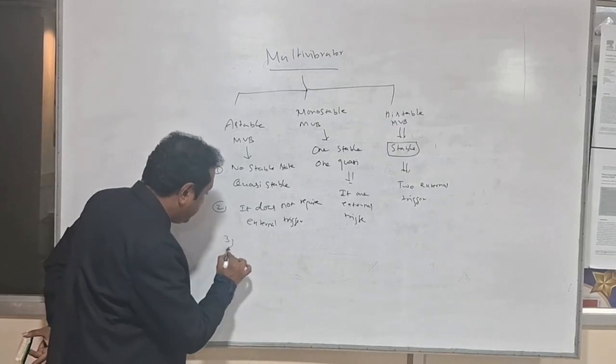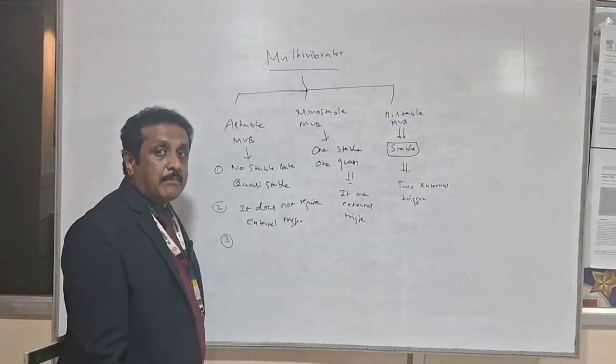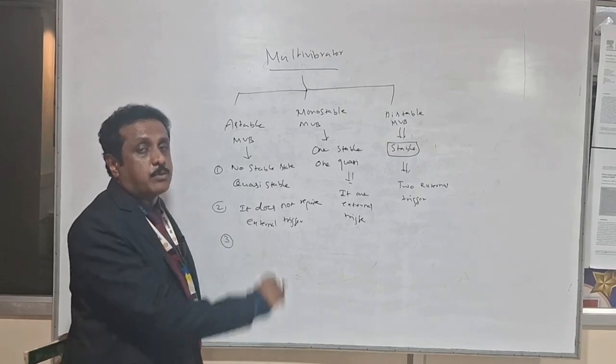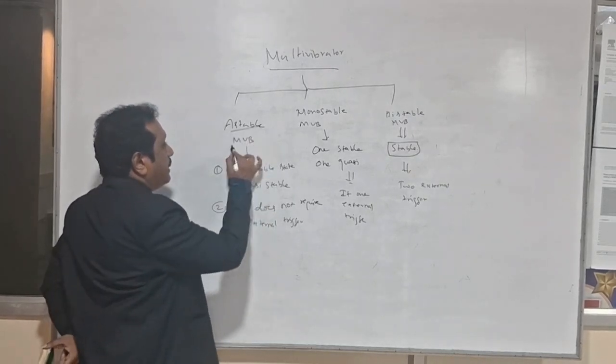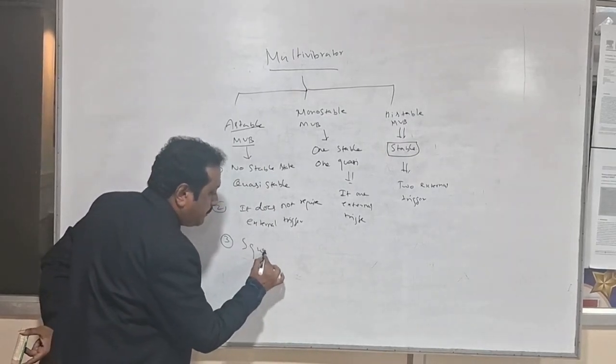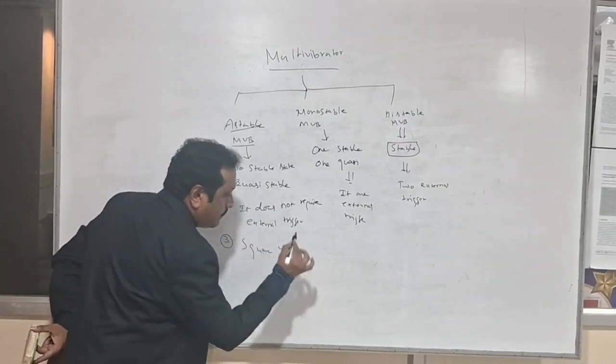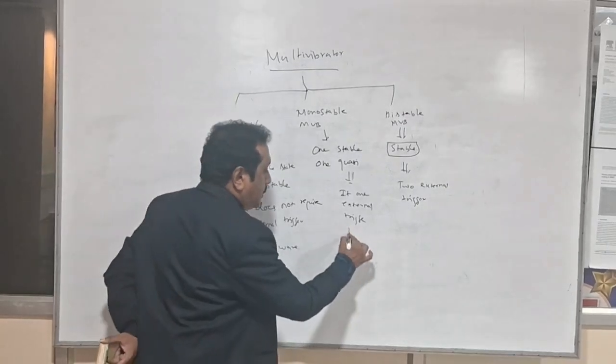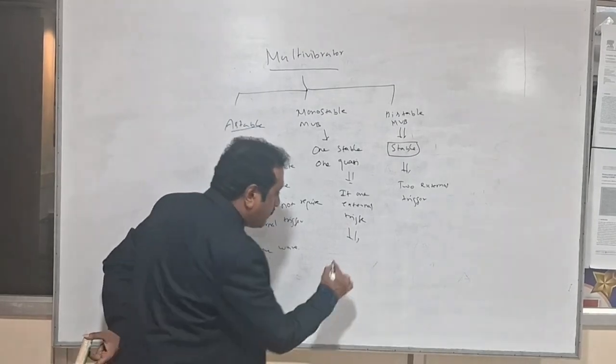And the third one is what type of waveform each generates. The astable multivibrator is used to generate a continuous square waveform. The monostable generates a single pulse at a time.